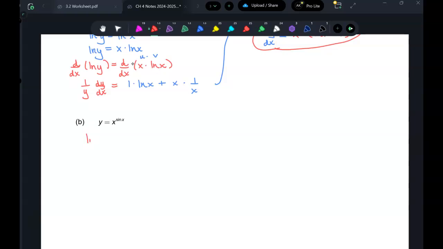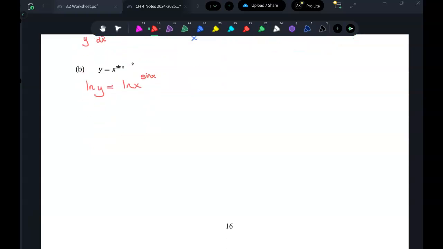So let's try another one. We have natural log of y equals natural log of x to the sine x. Why do we do that? So that we can move the sine x to the front. What was the next step? Okay, so d dx of both sides.